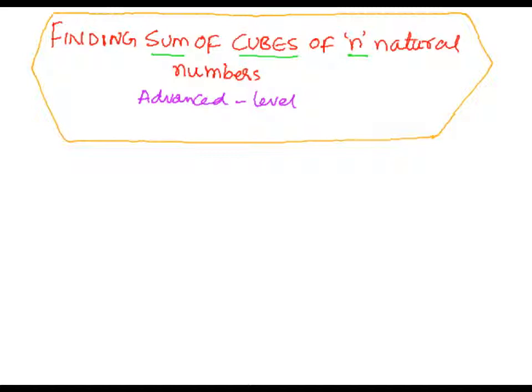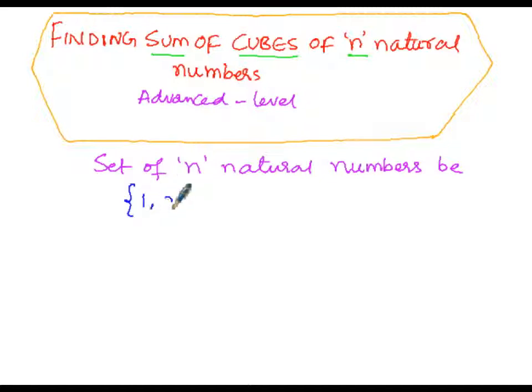So in order to find the sum of cubes of n natural numbers, we have to suppose, let the set of n natural numbers be the set consisting of the natural numbers, the least one being 1, 2, 3, 4, 5 and so on up to n.